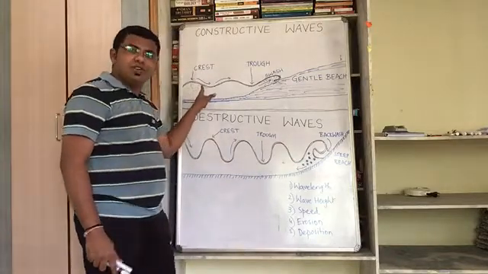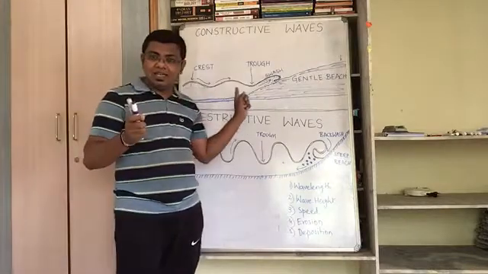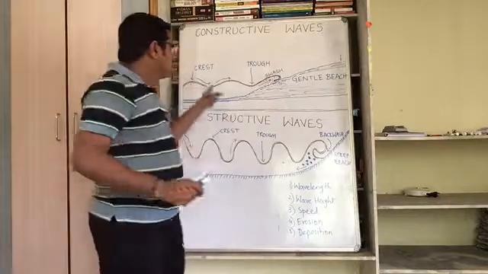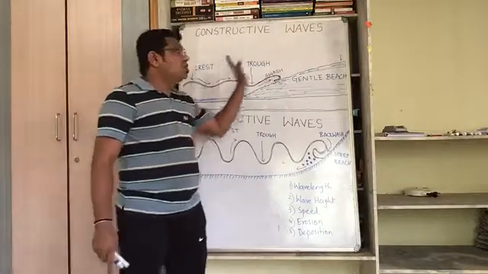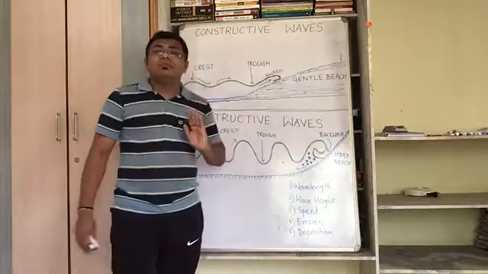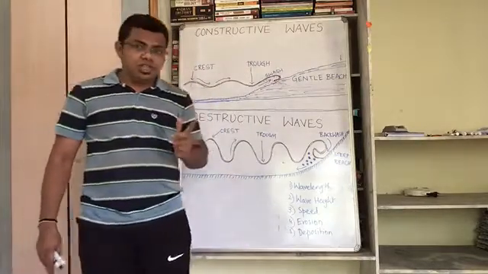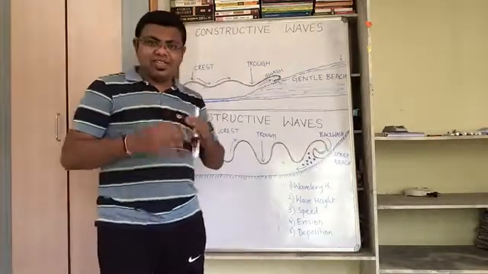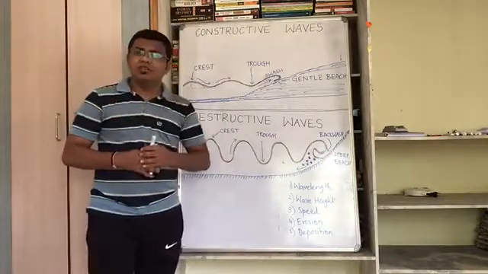In constructive waves, wave frequency is less, wave height is also less, wavelength is more, so the waves are able to deposit a lot of sediments. So in constructive waves deposition takes place, whereas in destructive waves erosion takes place. This way constructive and destructive waves work.